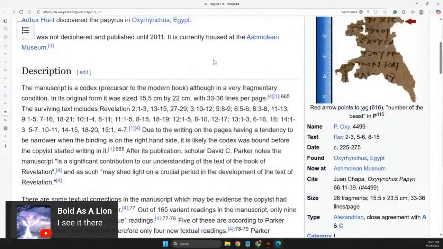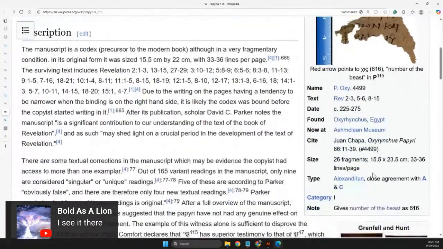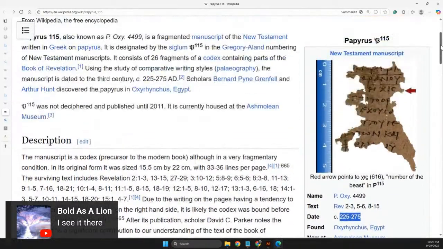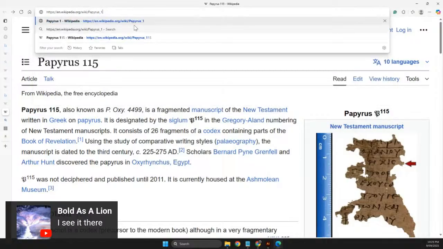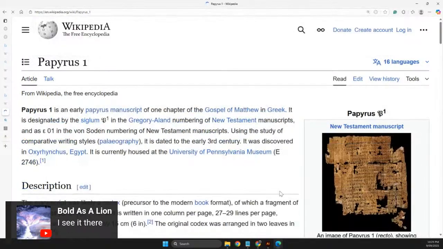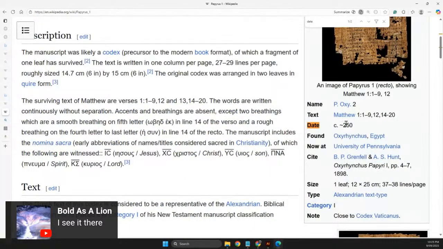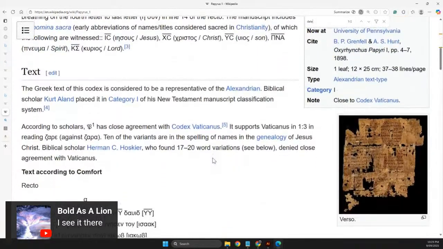Where's the date? Okay, so 225 to 275. Well, Papyrus 1 is dated around about 250. Okay.